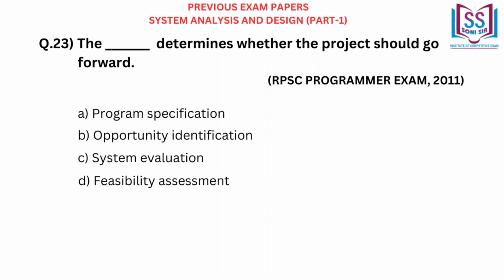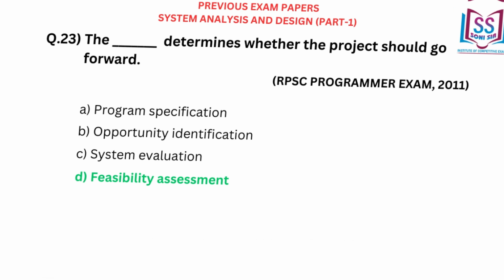The dash determines whether the project should go forward. A. Program specification, B. Opportunity identification, C. System evaluation, D. Feasibility assessment. Correct answer D. Feasibility assessment.